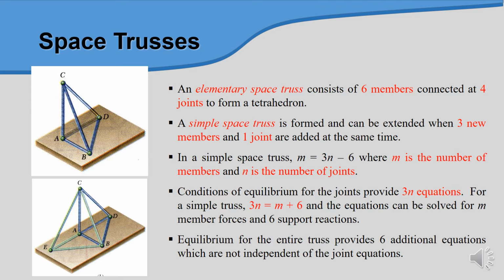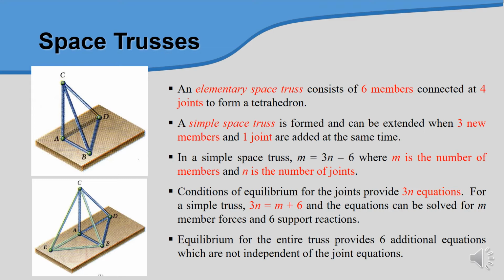We can see from the second diagram at the bottom, it will produce 9 members, and we have 5 joints. This condition is valid for the equation m = 3n - 6. The condition of equilibrium for the joints provides 3n equations.